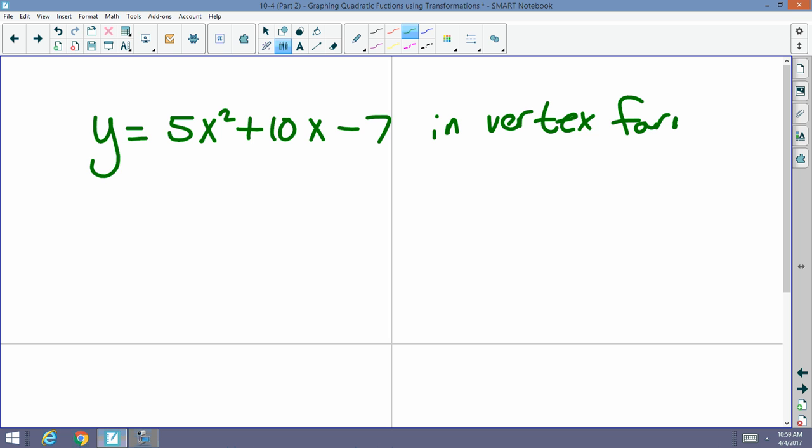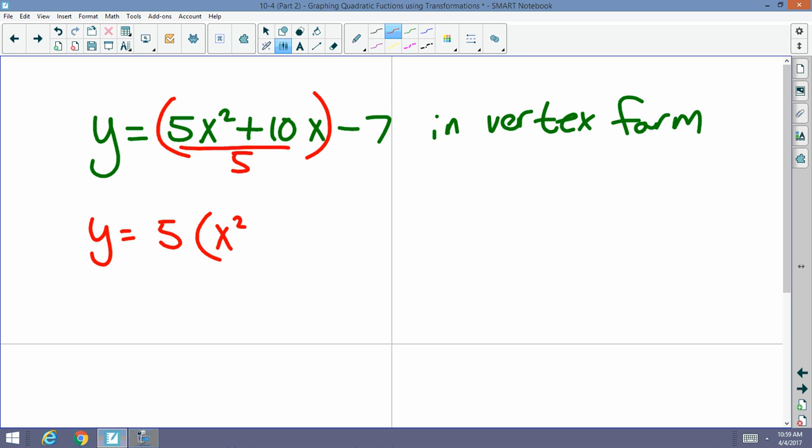Okay, here we go. First things first, separate these two guys and factor out the a from the first two terms, the x terms only. So I have 5 times x squared plus 2x, minus 7 minus the a that I factored out, 5.